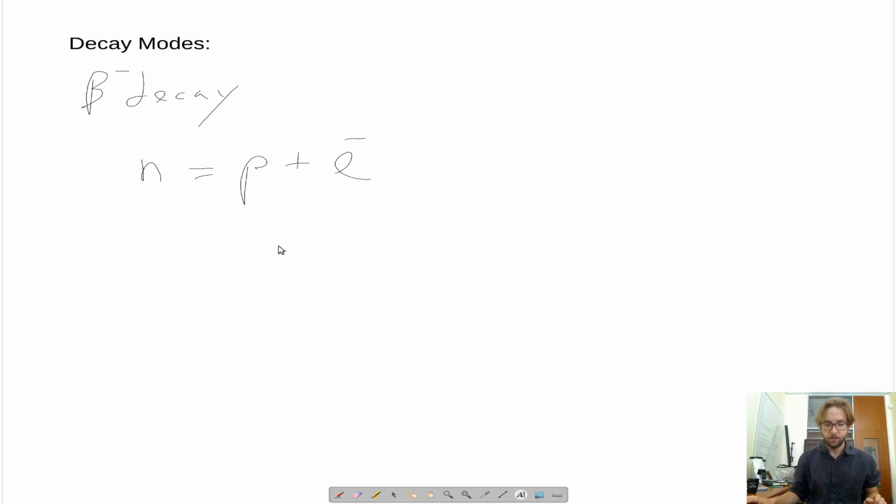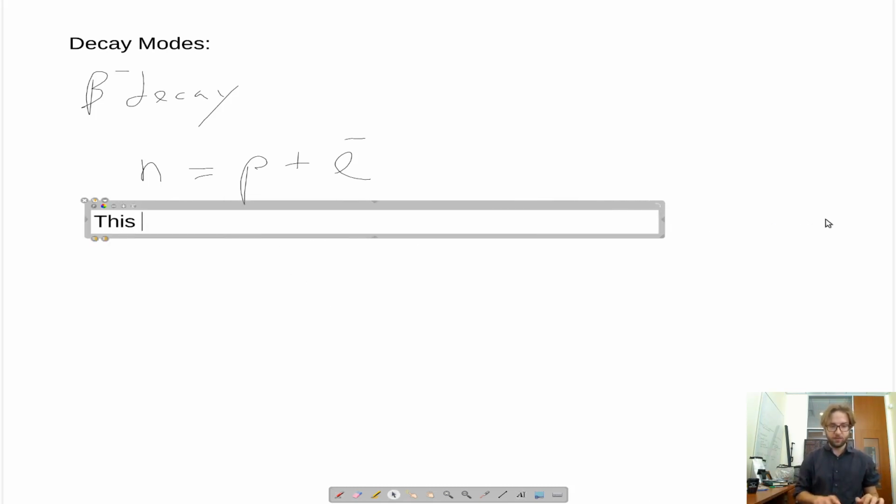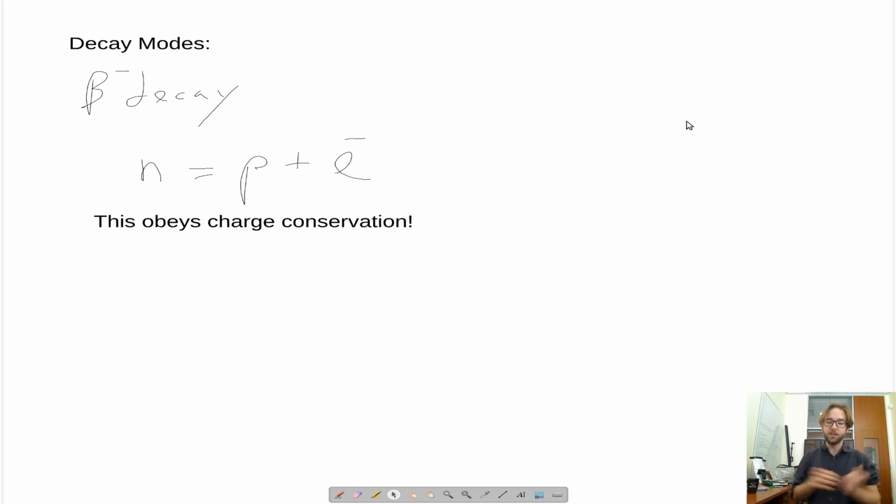Importantly, this obeys charge conservation. A neutron is a neutral particle, a proton is +1, an electron is -1, and if you sum them together, both sides have charge equal to 0.